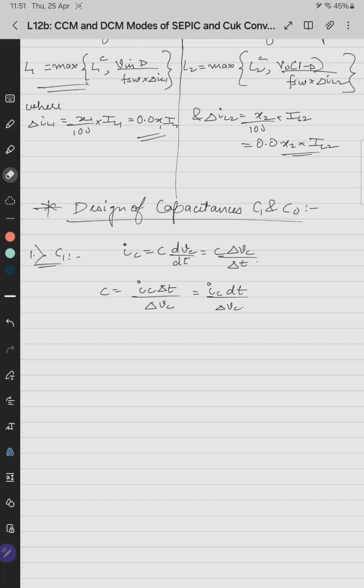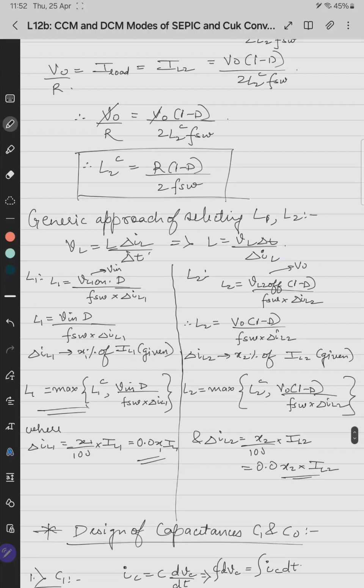Instead of doing all this, let us simply write C dvc is IC dt. So let's integrate it on both sides. So C integral dvc is integral IC dt.